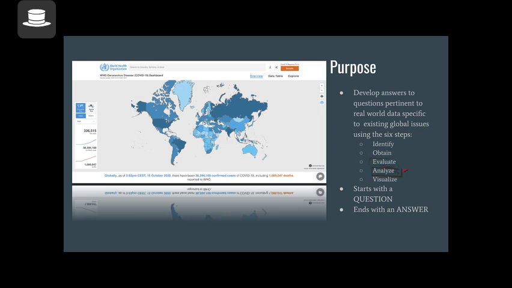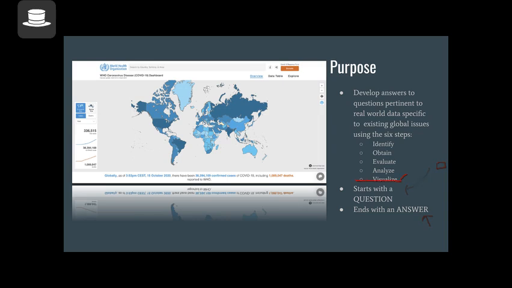Finally, once you analyze the data, you visually represent it, and we'll learn different ways of visually representing data to give your narrative support, so that you can state your question and answer it by referring to this infographic or the picture that you have represented visually.